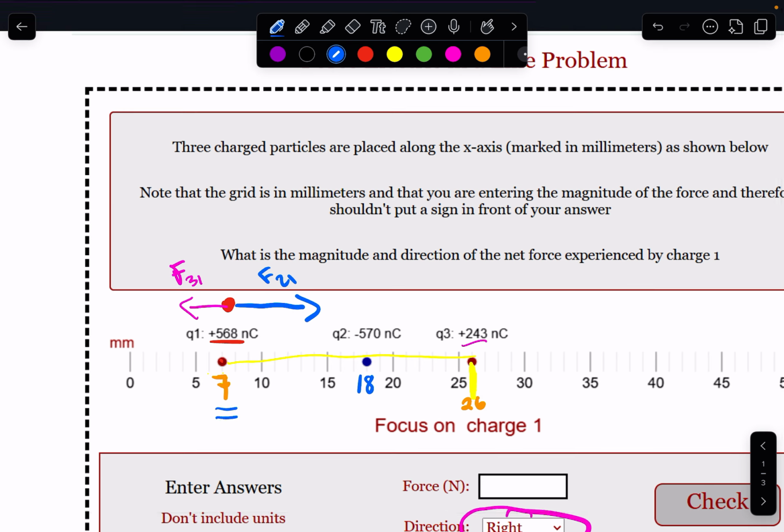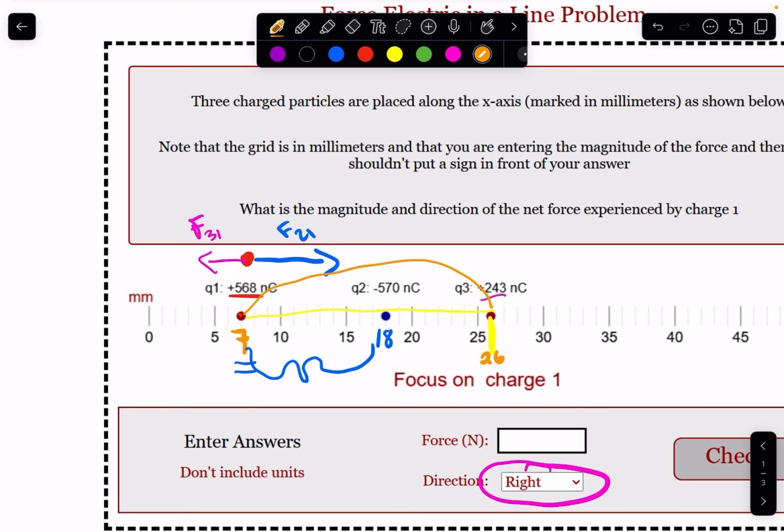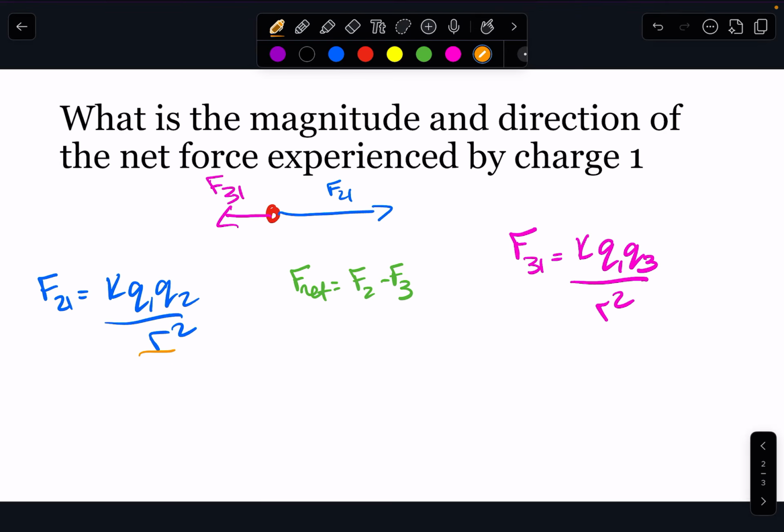But again, my Q1 is at 7, so I'm going to look at the distance between those two in order to determine my r values. And before I do that, I need to remember those are in millimeters. So when I put my r value in, which is squared, I need to make sure that number is in meters. And my Q's are obviously in nanocoulombs, not regular coulombs.